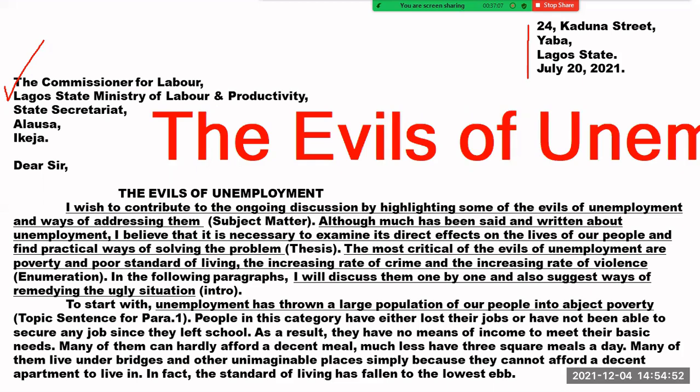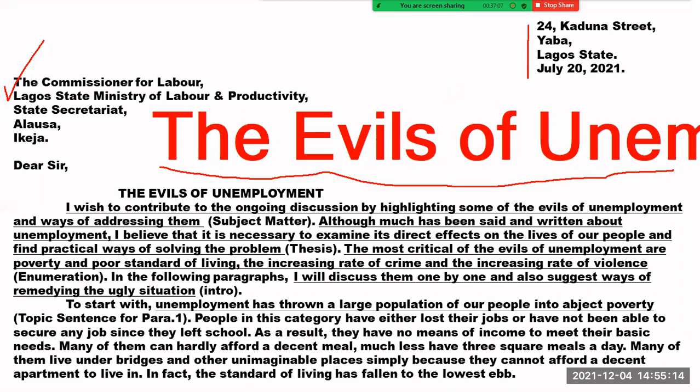You see? So you can see the evils of unemployment. So if you use this method, then you underline it. Don't worry about the line I drew. It should be straight. So in an exam, you use a ruler and draw a line under it.